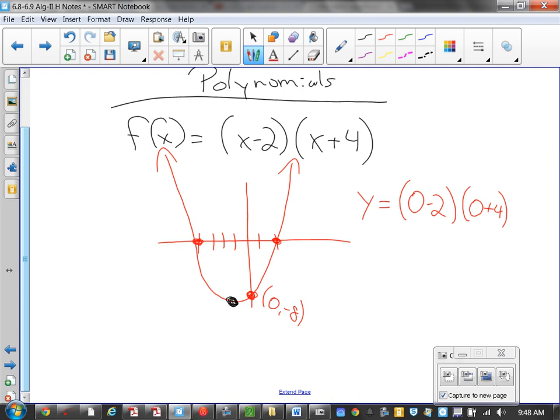Now, the other thing I want to point out to you is that since this is a second degree polynomial, how many times does the graph change direction? Once. Since this is a second degree polynomial, you have one direction change.